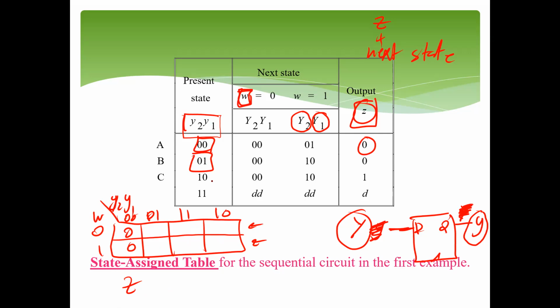At Y2 Y1 equals 0 1, Z equals 0, so that's going to be zeros. Then at 1 1, this is don't care. And at 1 0, I have 1, so this will be 1 1. Okay, so if you take this group, this will be the value of Y2. So Z is equal to Y2.